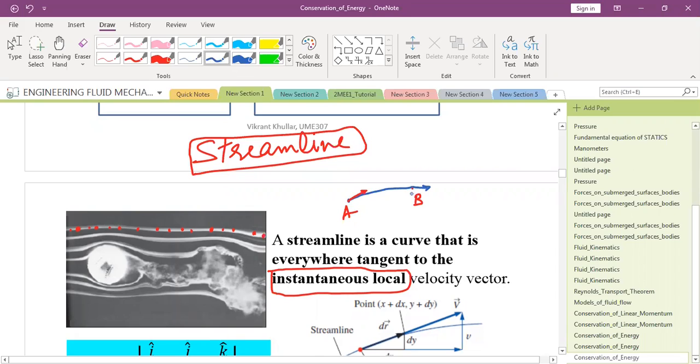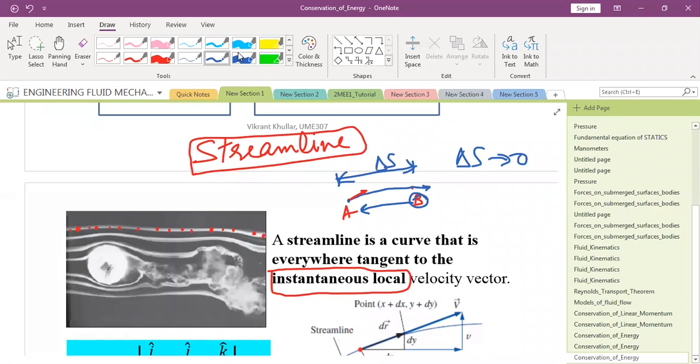So what do you think when B approaches A? The distance here is some delta S. When delta S approaches 0, what will happen to these two velocity vectors? This velocity vector and this velocity vector.